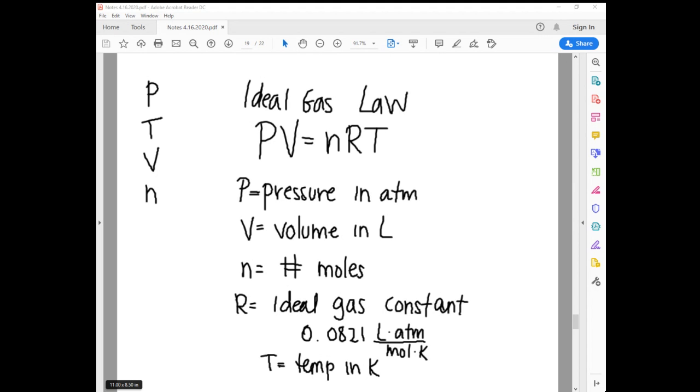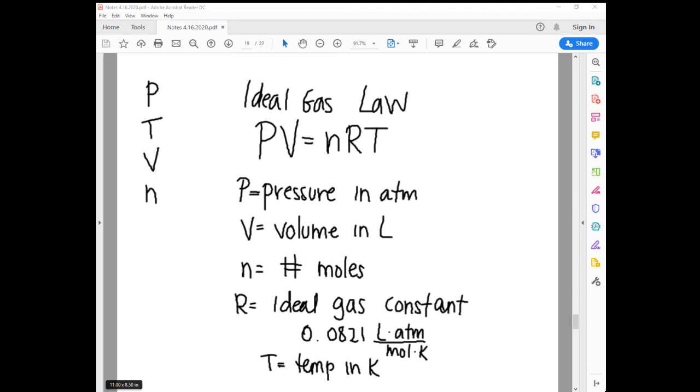So we were talking about the ideal gas law, PV equals nRT, and how this is a relatively straightforward type of equation. We just have to make sure that we have all of our units correct: our pressure has to be in atmospheres, our volume has to be in liters, n, which is our number of moles, so our unit there is mole.